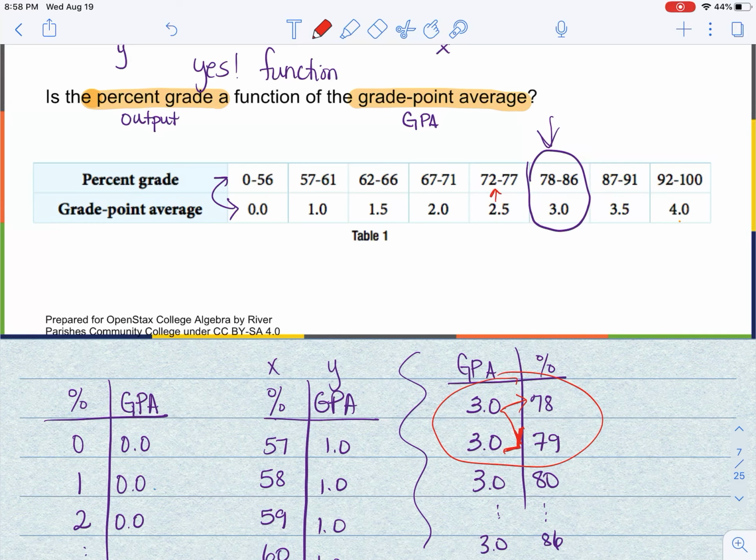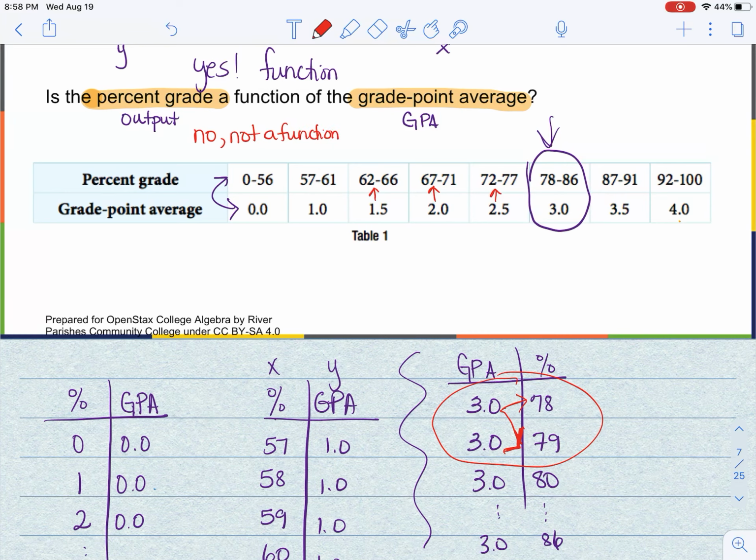And not only that, 2.5 is associated with multiple, 2.0, 1.5, all of them. Each of the inputs, in this case GPA, is associated with multiple outputs. And remember, you can't have that in a function. So in this case, no, it's not a function.